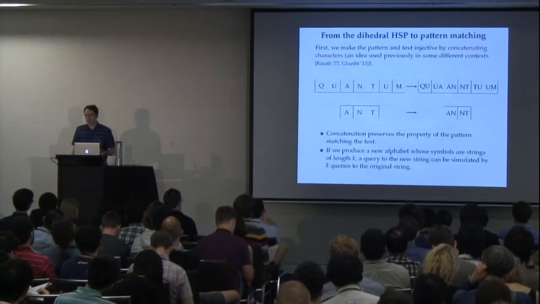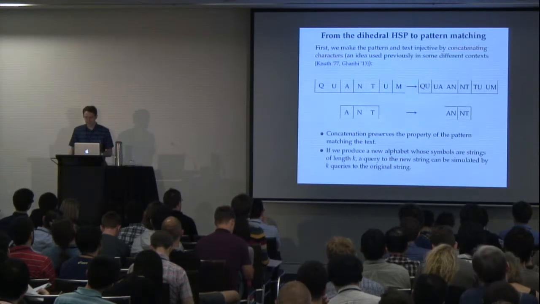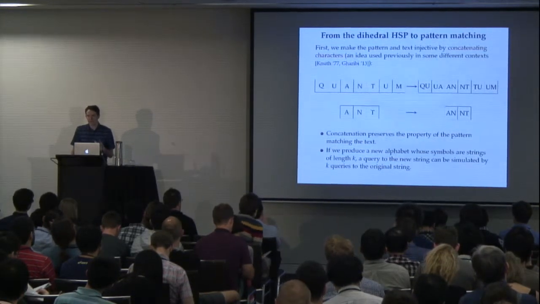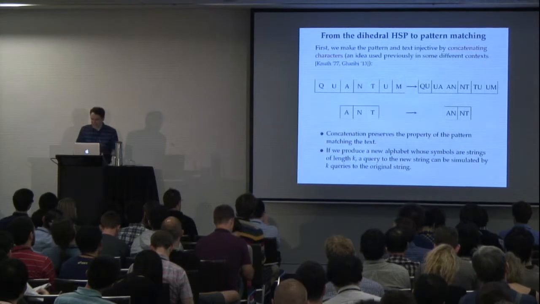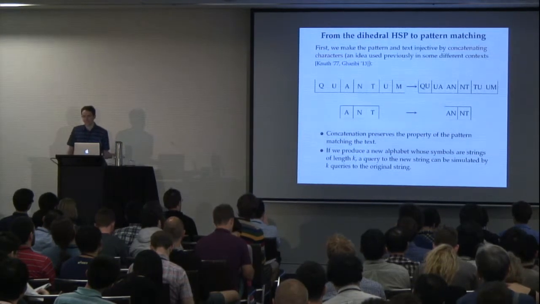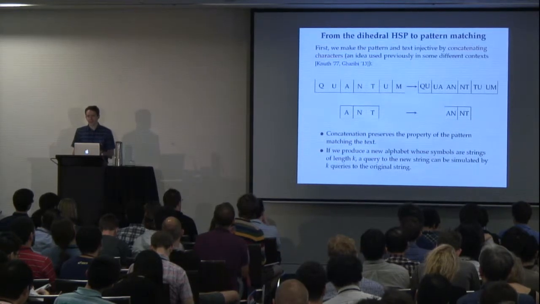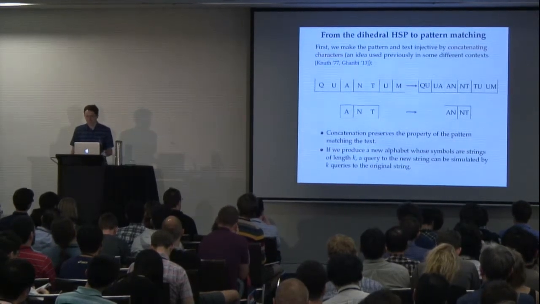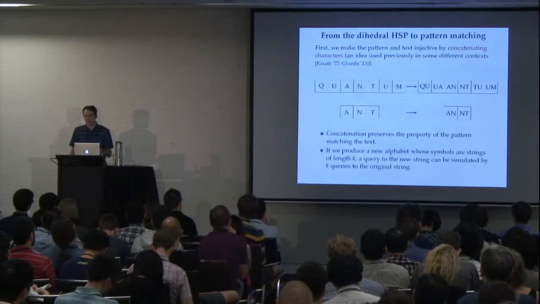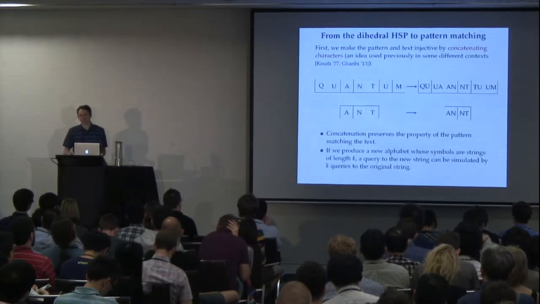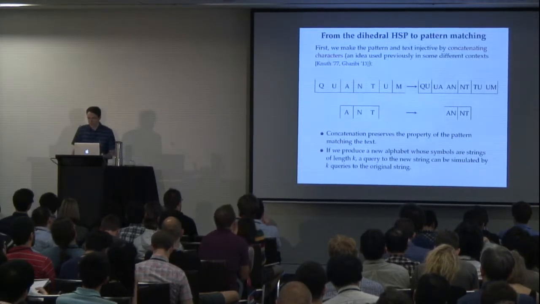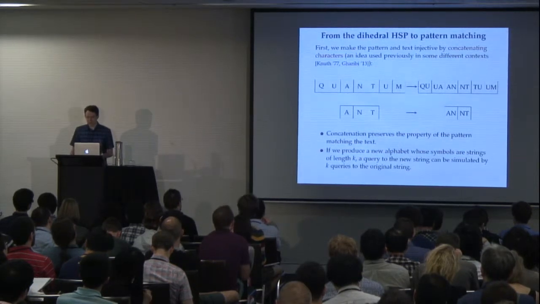And if we produce a new alphabet by doing this injectivization step, where the symbols in the new alphabet are strings of length k, then we can simulate a query to these new strings by querying k characters of the old strings. So we get this overhead of a factor of k if we have to concatenate up to k characters for each query that we make.